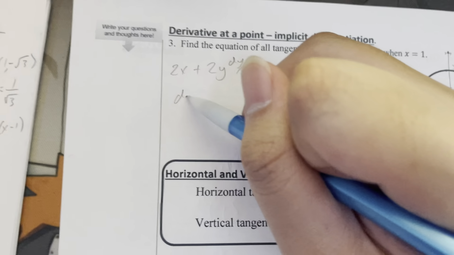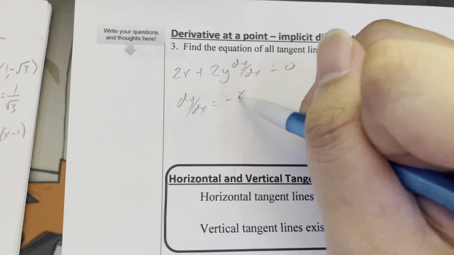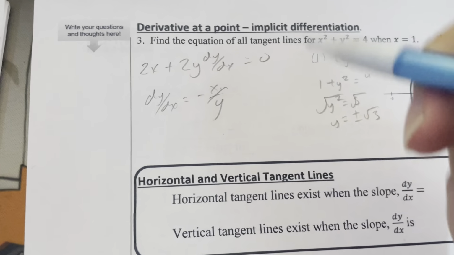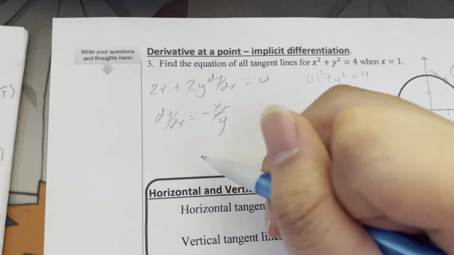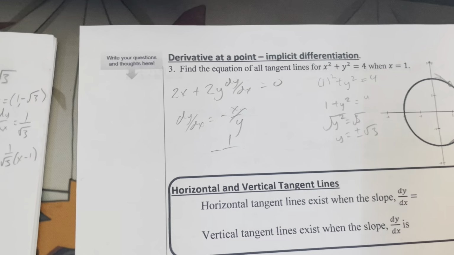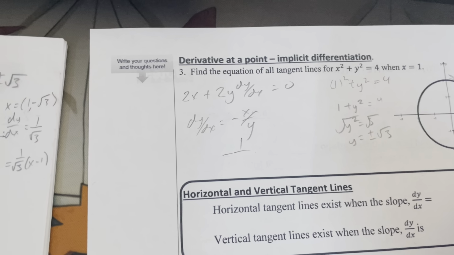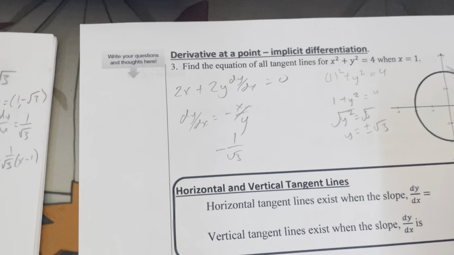We go through the same process as before, and we find that dy dx equals negative x over y. So we plug in our values, and we'll know that our slope is negative 1 over square root of 3.